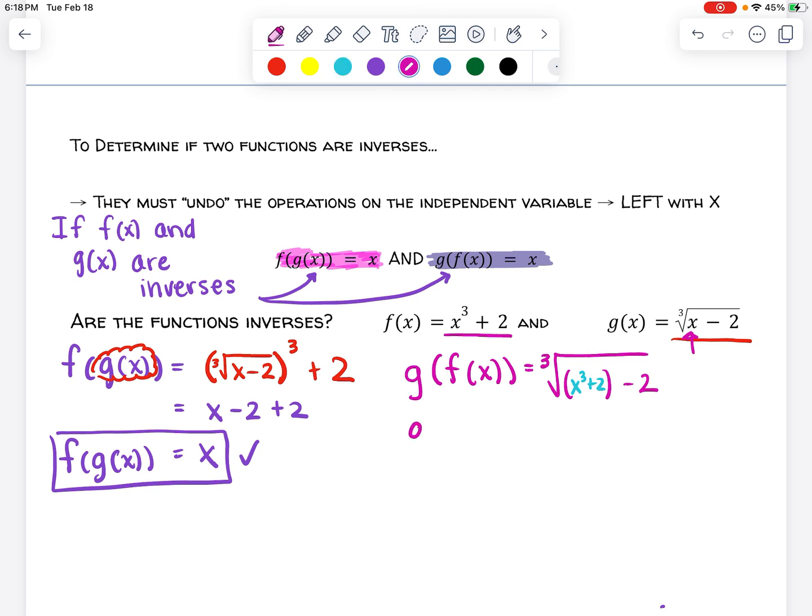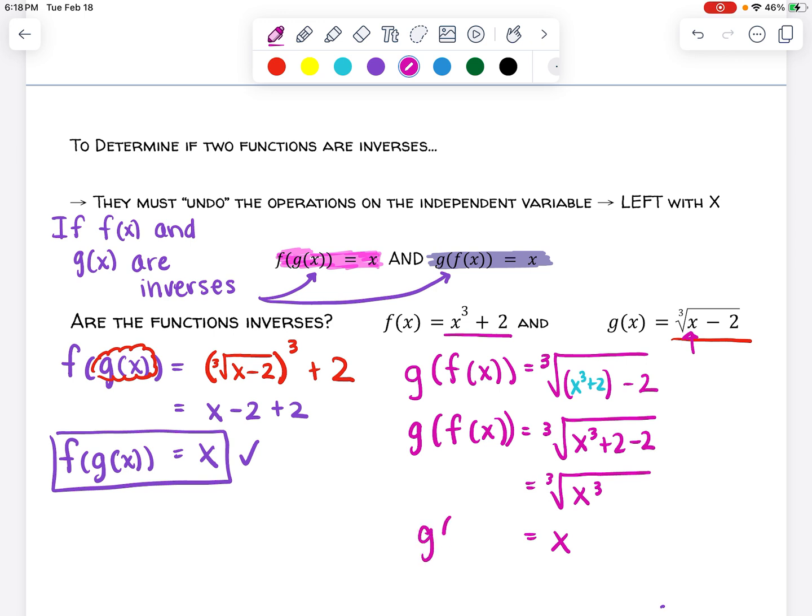So now I have g of f of x is equal to cube root of, underneath the radical, all I need is x cubed plus 2 minus 2. And then if I do cube root of x cubed, I'm going to get x. So g of f of x is equal to x. I got my second half, and I am good.